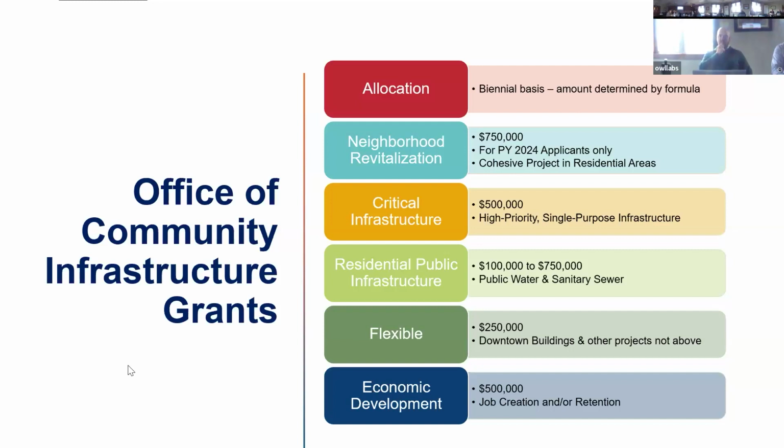Usually we see things like repairing walls, or HVAC, or it's an abandoned building and a new owner wants to get it fixed up to start a business there or expand. So that's how that would qualify under that program.